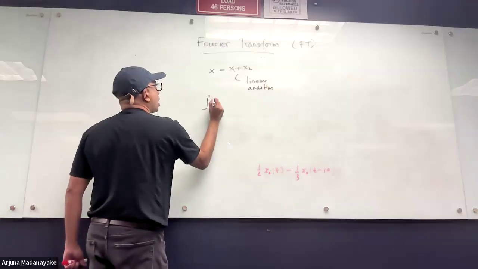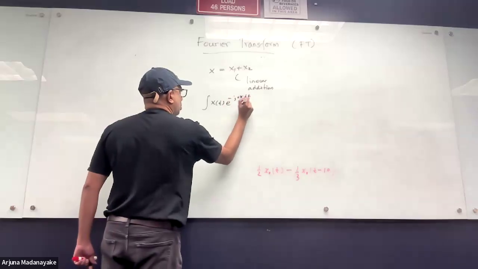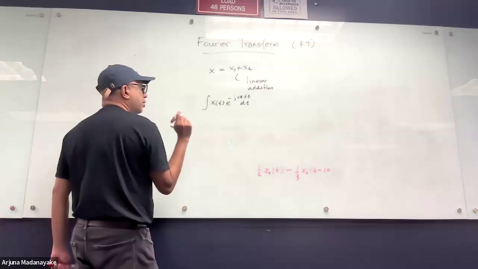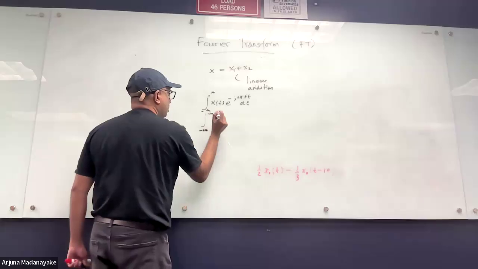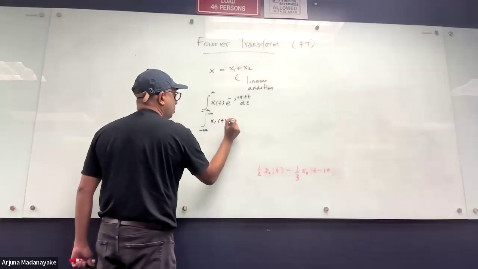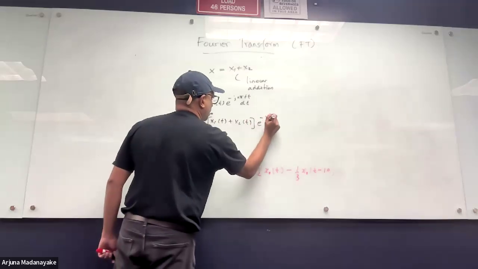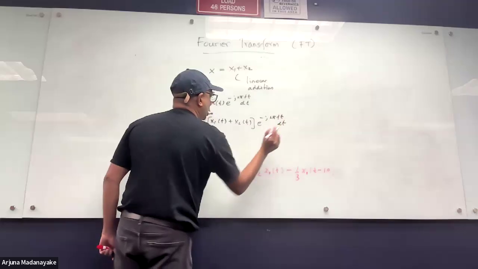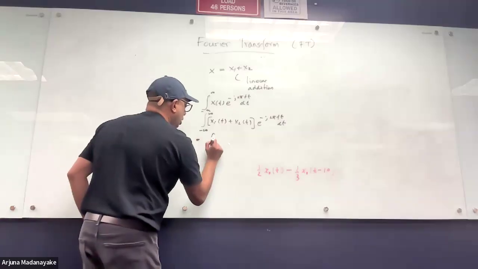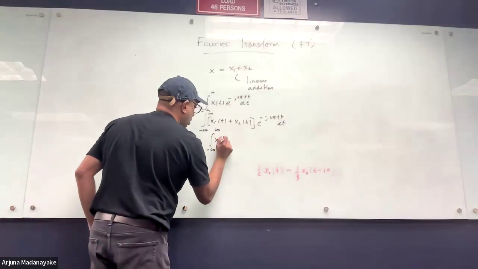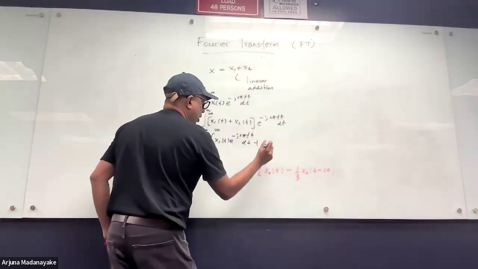If I find the Fourier transform of x of t and plug in here, I will get the integral of x1 of t plus x2 of t. So I can write the integral as two integrals, which is equal to the integral of the first part plus the integral of the second.